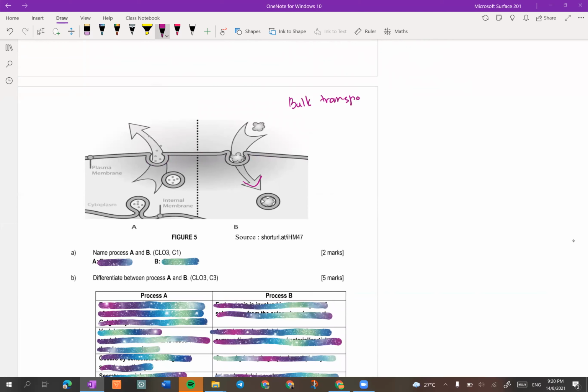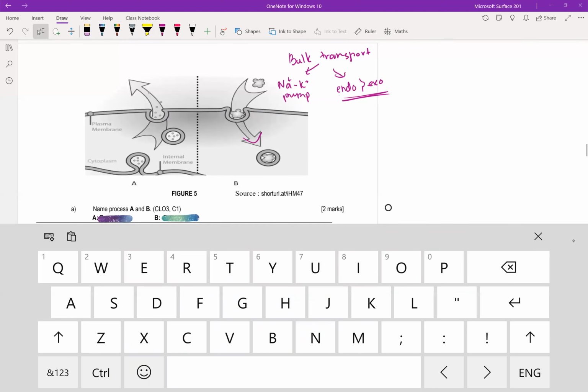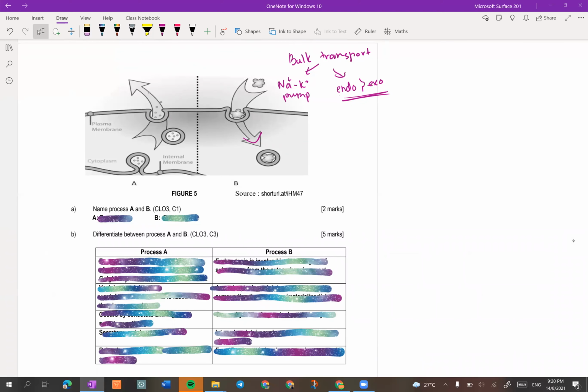Bulk transport has two types: one, the sodium potassium pump, which is in your syllabus, and the other is exocytosis and endocytosis. So this one is endocytosis and exocytosis. Let's check A and B. A goes out and B goes in. If it goes out it means exo, if it goes in it means endo. So this is exocytosis and B is endocytosis.